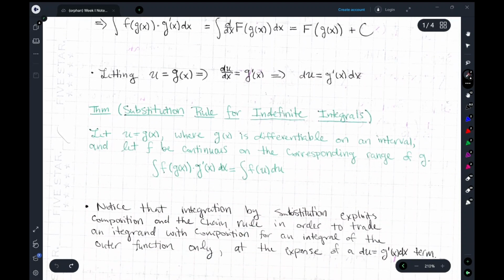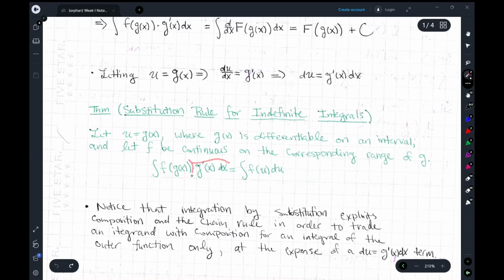And so here's the theorem. Let u equal g of x, where g of x is differentiable on an interval, and let f be continuous on the corresponding range of g. Then we set u equal to g of x, and so you'll get f of u.